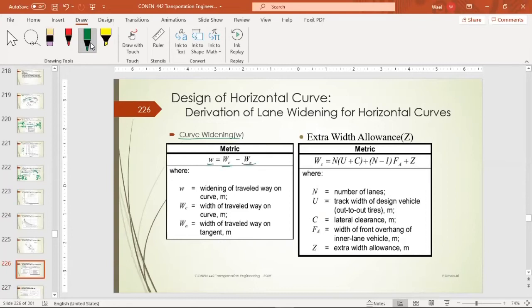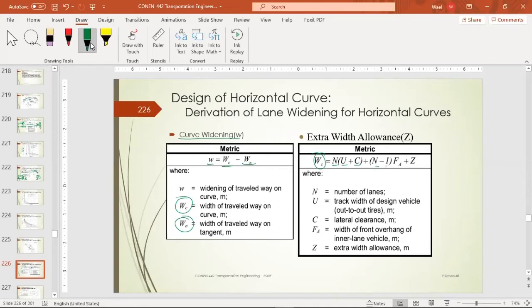WC, that's the width of the traveled way on the curve. WN, that's the width of the traveled way on tangent. So that's the normal width, that's the width on the curve, and the difference between them, that's the extra widening that we need.